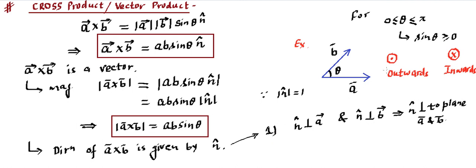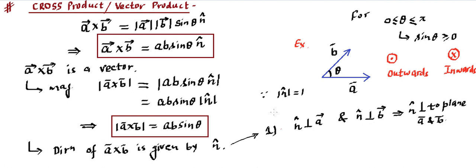Initially there were infinite options perpendicular to direction A, and infinite options perpendicular to direction B. Combining the two together, we are able to reduce the options to two. Either it's going to be outward or inwards, perpendicular to the plane of the board, because vector A and vector B have both been drawn in the plane of the board.